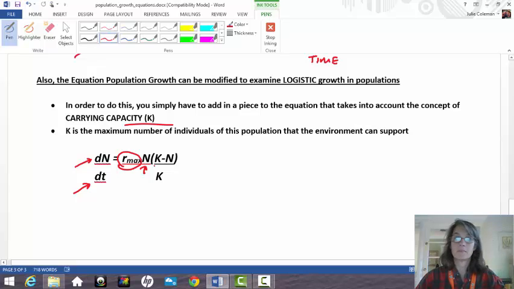So if your carrying capacity for my yard is 20 squirrels, okay, that's the most my yard can support, we would take 20 and subtract from that however many are actually in the population and divide it over that same number 20, okay? And then we multiply, obviously, this times that, okay?